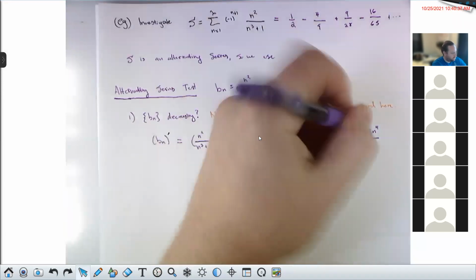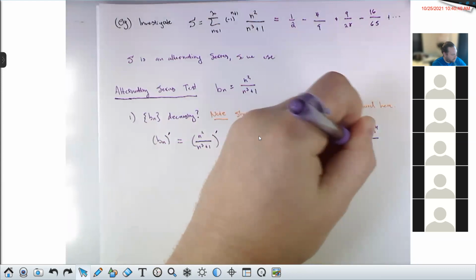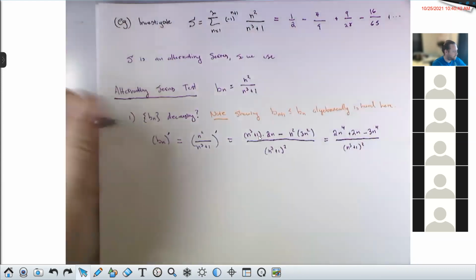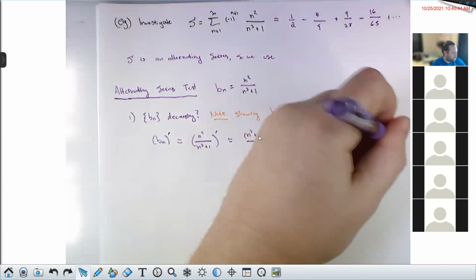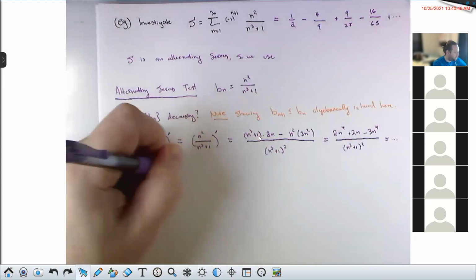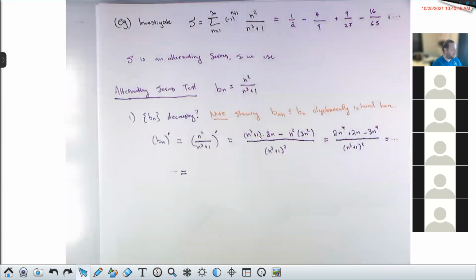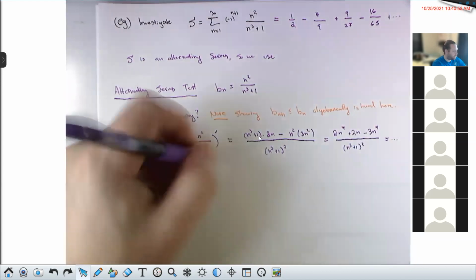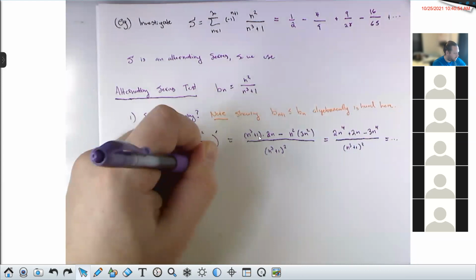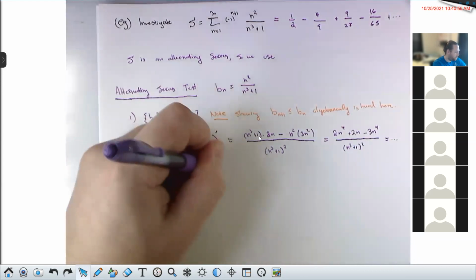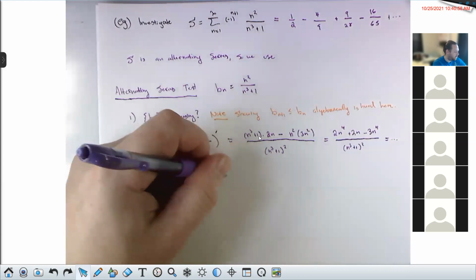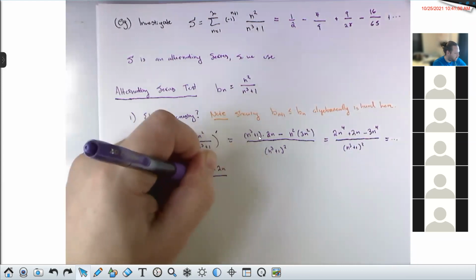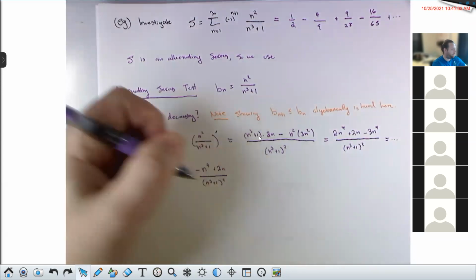All of this is over n cubed plus 1 squared. So I can continue over here. If I combine my like terms, 2n to the 4 minus 3n to the 4 is negative n to the 4. And I have a plus 2n. And all of this is over n cubed plus 1 squared.